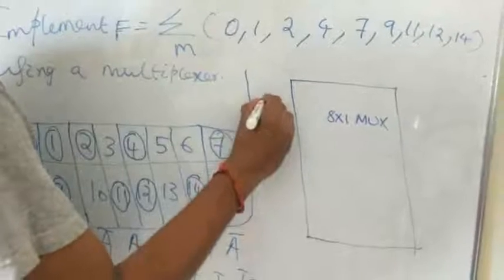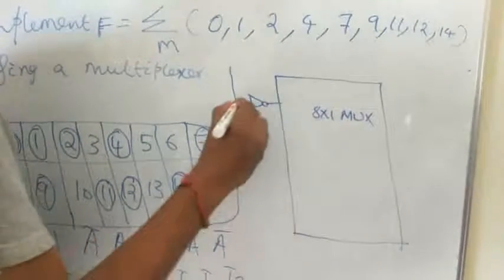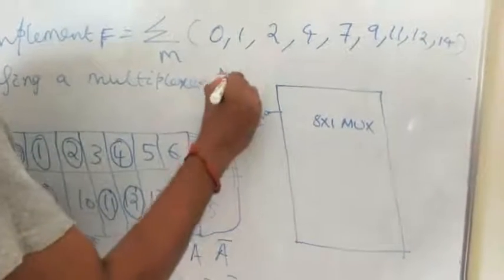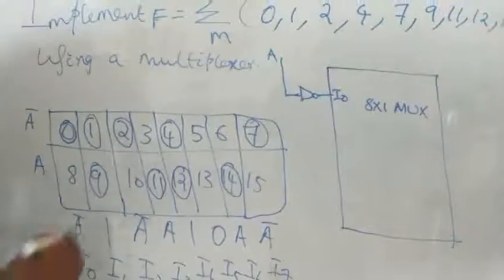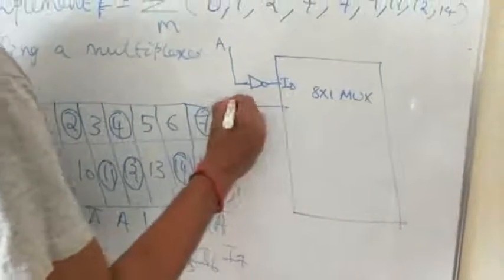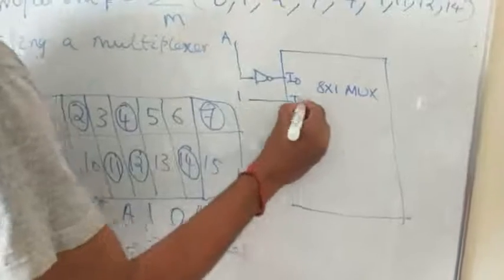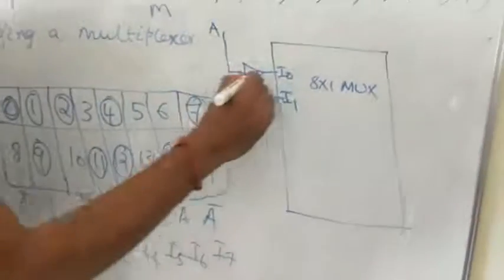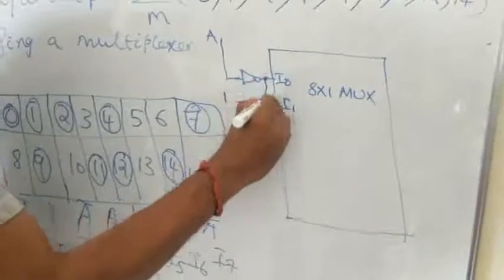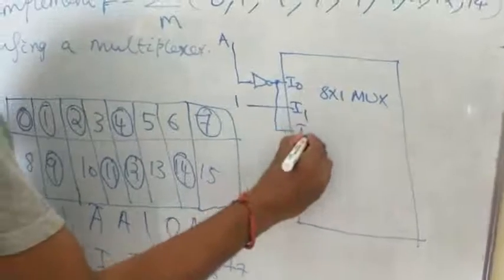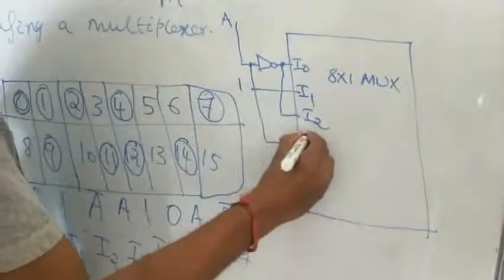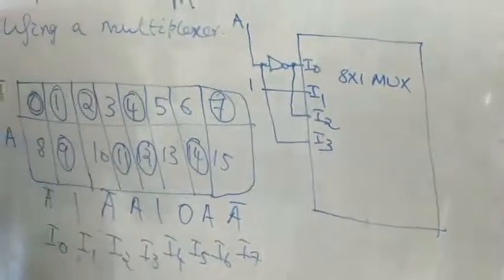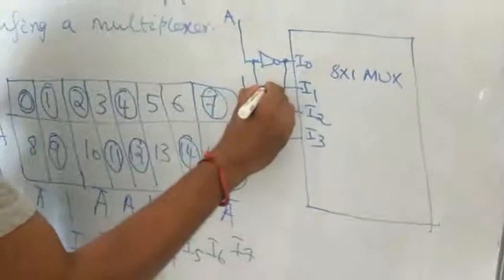So what we need to do is give it to an inverter. So A dash, this is I0. The second one is 1, we can give it directly. This is I1. The third one is A dash. Once again it is A dash, you can take it from here. I3 is A, you can bring it from here. This is I3. I4 is 1, once again 1, you can take it from here.